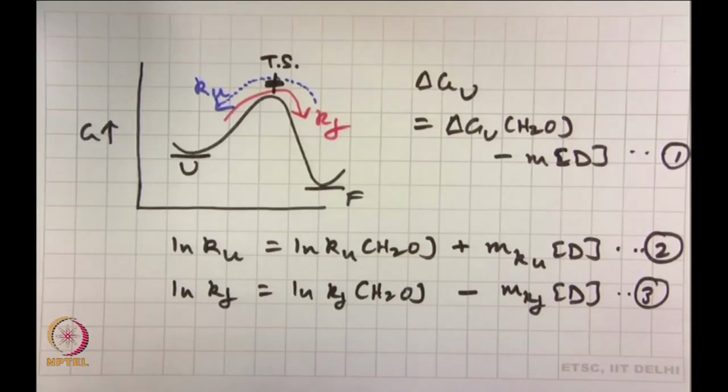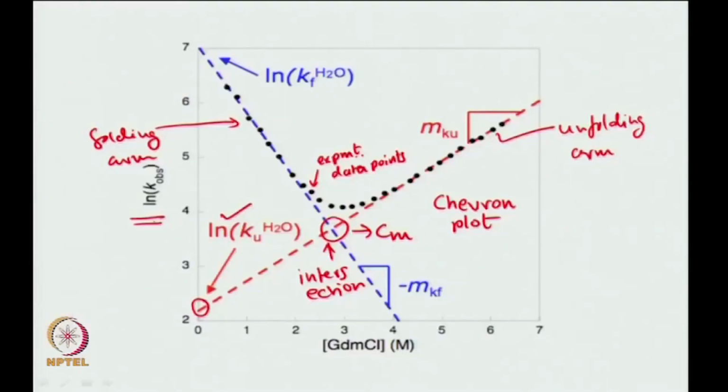So, now if I just come back to this slide. If you look at the slide, can you see the slide? Yeah, okay. Now you can understand this in a little more detail. On the right side, which is the unfolded arm, the black points are fit to ln Ku = ln Ku H2O + m times d.